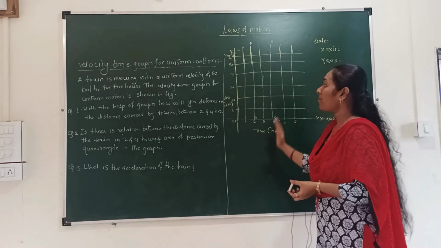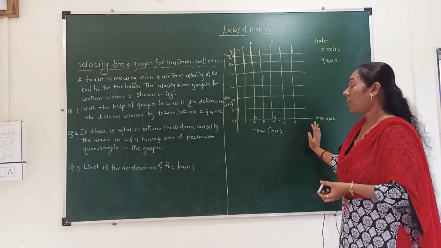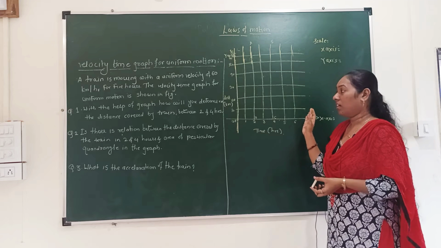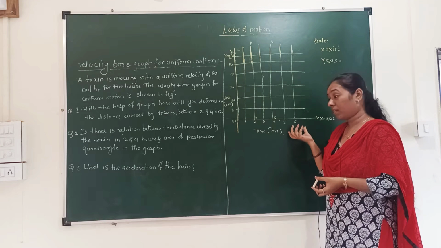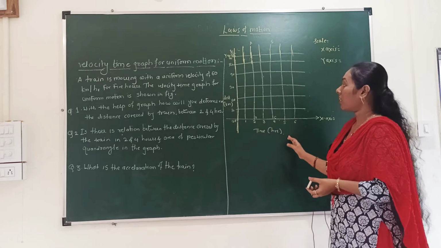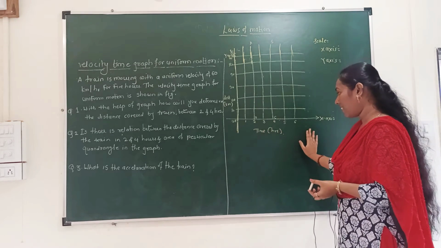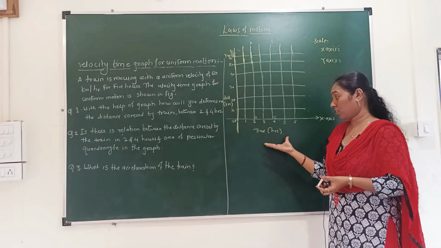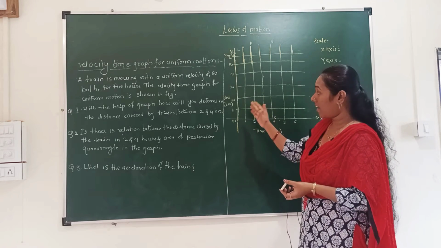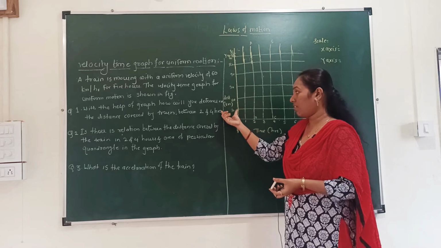Here is the velocity-time graph, and here is the information of that graph. First we see this information, and after that we discuss the questions. On the x-axis, the time is shown in hours. On the y-axis, what is the information?